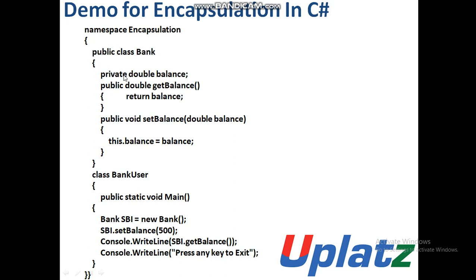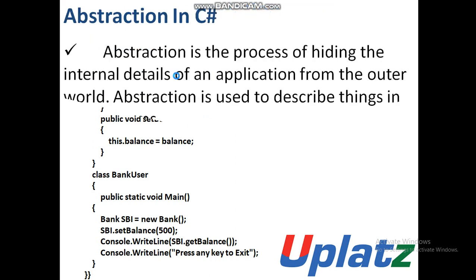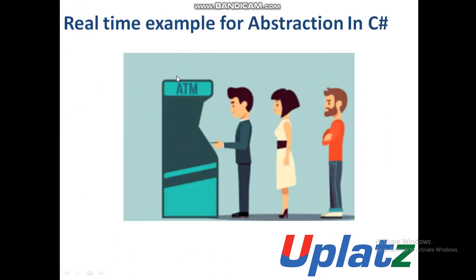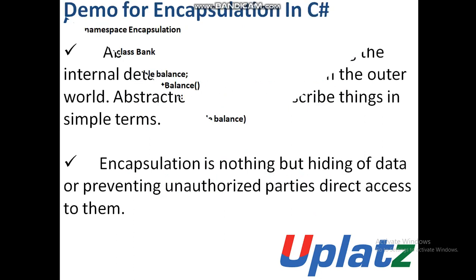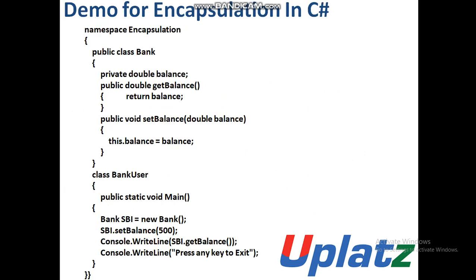Because it is private to this class. Outside this class we cannot access the account balance. The account balance should always be private, so that a user can see only his own account. Otherwise, it will be public to all users.